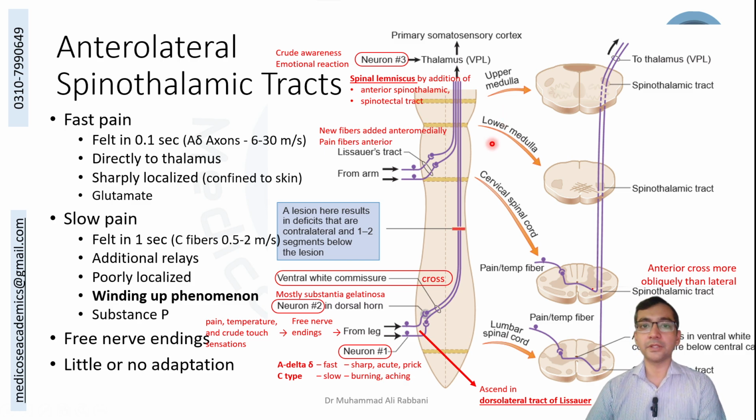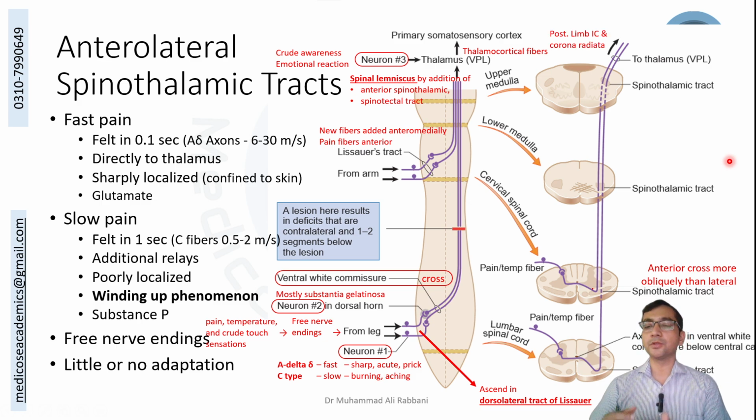Then from the third order neuron, the axon will move up to the cerebral cortex. These are called thalamocortical fibers. As we go on and discuss the cerebral cortex, we will see that it moves up through the internal capsule. What is the internal capsule? We will discuss it shortly in the next lectures.